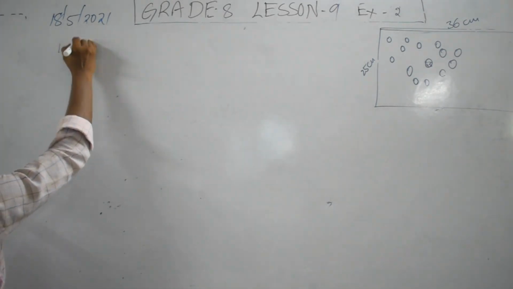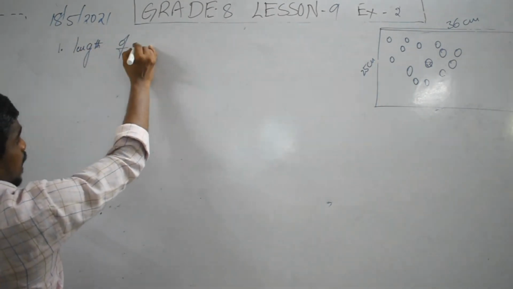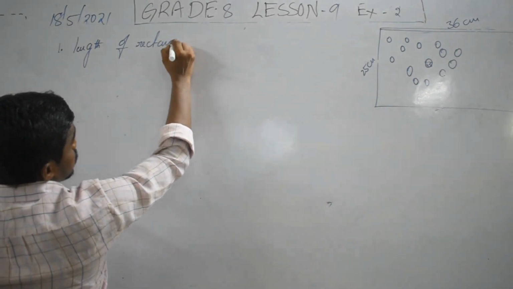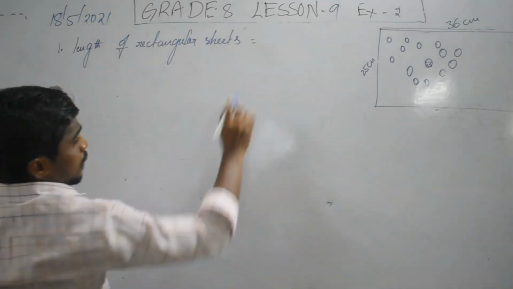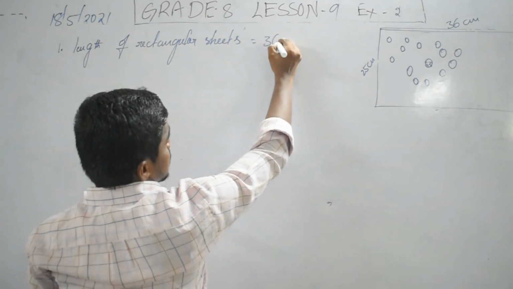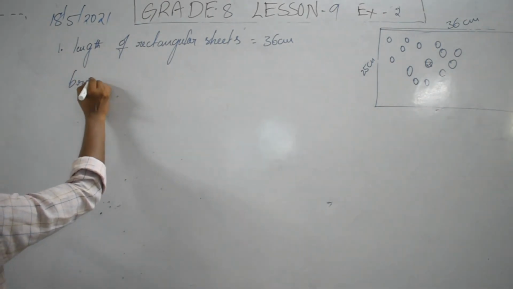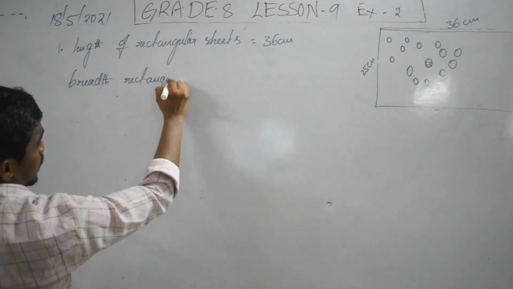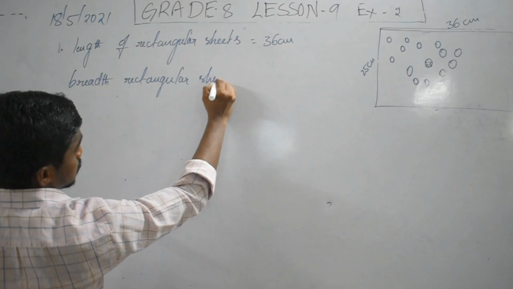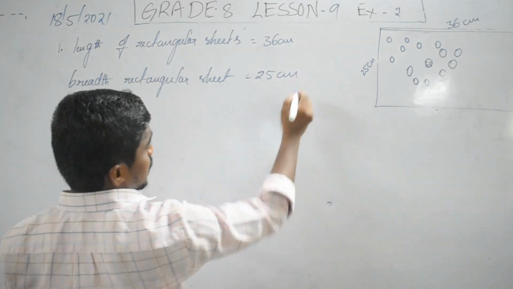Now the length of the rectangular sheet, how much? 36 centimeter. Next, the breadth of the rectangular sheet, how much? 25 centimeter.